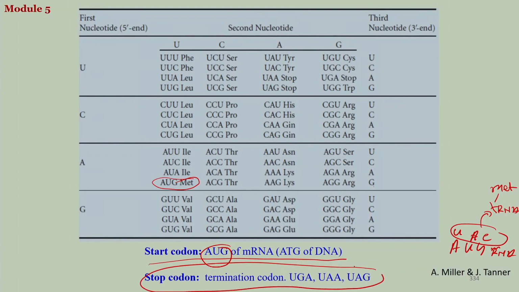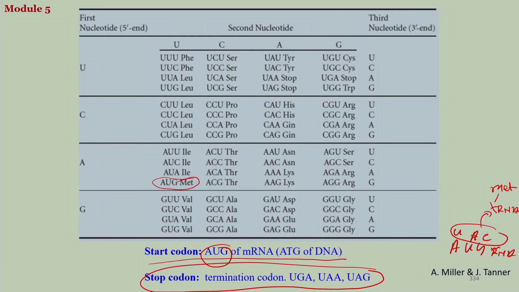And where does the synthesis stop? Here. When a stop codon is reached in the mRNA, as I have said, the stop codon does not carry amino acids. So, therefore, no further synthesis. So, these are the codons that are stop codons. If any one of them is present in the mRNA, when that sequence is reached, then there will be no further reaction.